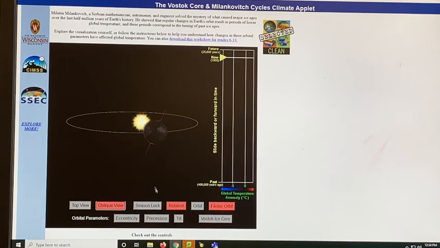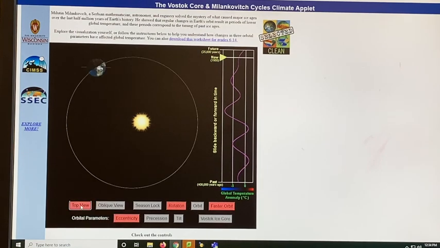And what we're going to look at is if we change each one, eccentricity, what does that mean? All right, notice how the orbit is closer here. If we slide this up and down, we can notice how the circle changes in size.